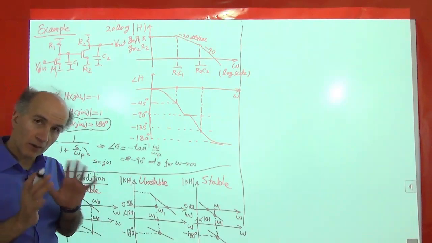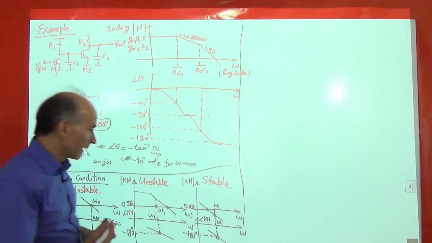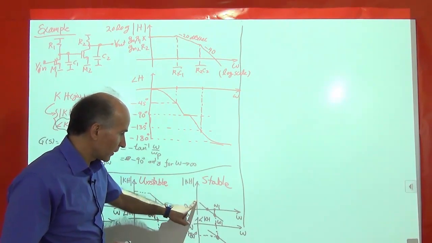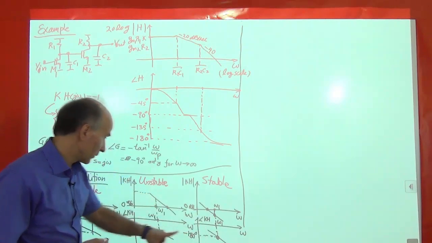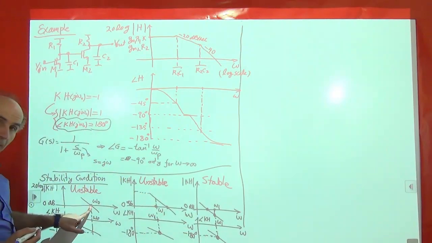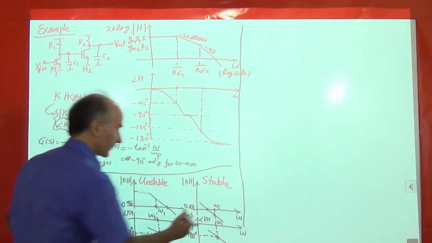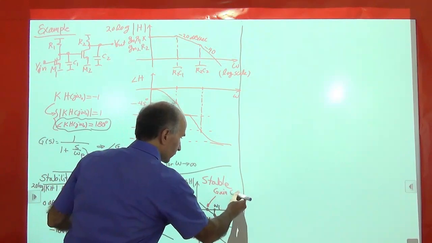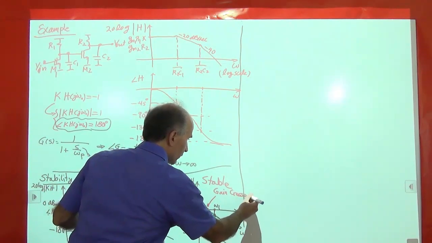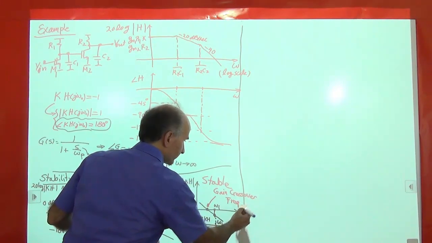Now I need to give some names to these things so that from now on we can use those names. The frequency at which the magnitude becomes equal to 1, here or here or here, is called the gain crossover frequency. It's just a name.